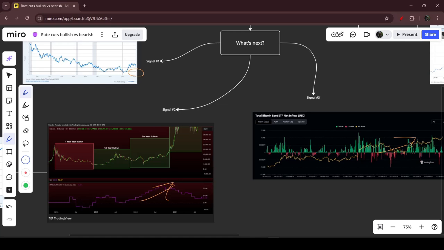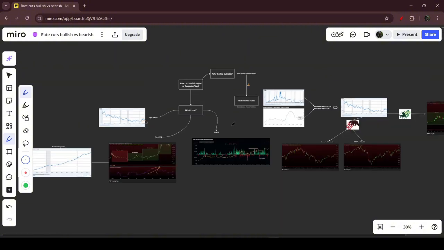Maybe on the second. However, once we have a confirmation that we are about to hit a recession and the real interest rates are still above zero, I think during the year of 2026 we are going to go bearish on Bitcoin, confirming the end of the bull cycle for this year and the beginning of the bear market in 2026. Let me know what you guys think in the comments.